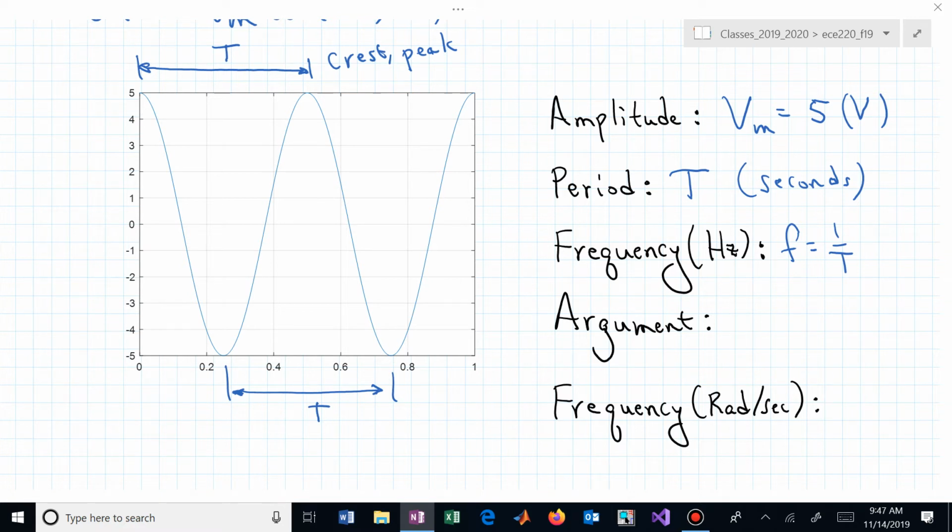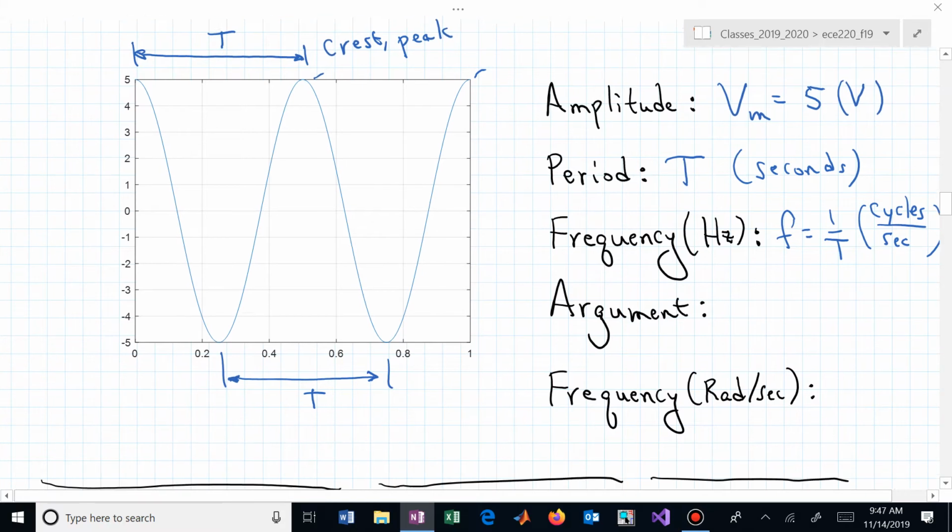This one, well, we can sort of deduce all of that from this. The period looks like it's a half of a second, so you should see 2 peaks in 1 second, and that's what you see here. You have a peak there and a peak there, so this is a 2 hertz waveform. We could now say this is either in hertz or cycles per second.